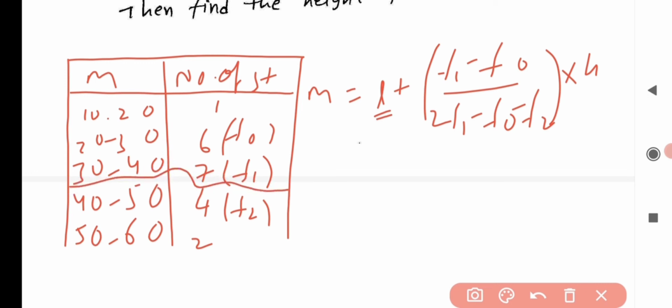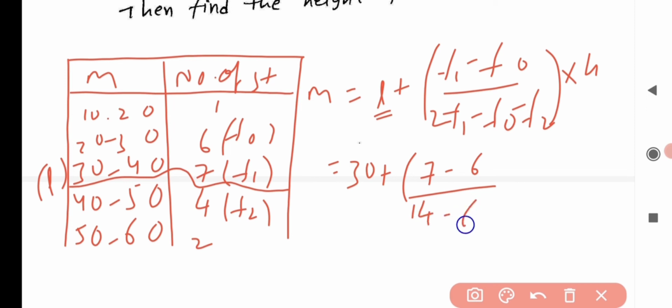See, this 30 is L. So 30 plus F1 minus F0. F1 means here 7, F0 means 6, by 2F1. So 2 7s are 14, minus F0 value 6, minus F2 value 4, into H. H means class size. What is the difference here? 10. So into 10.